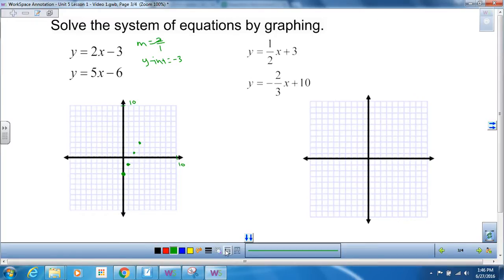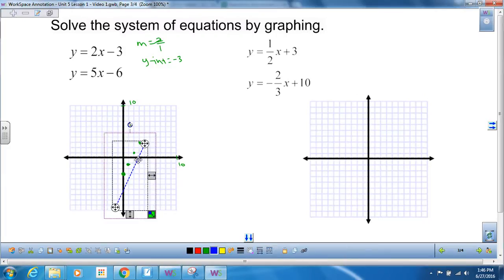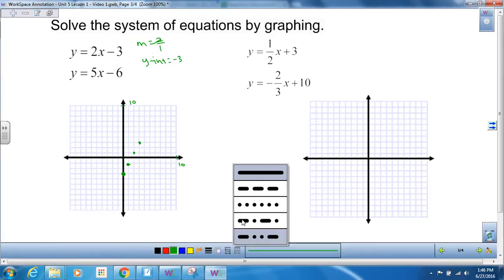Make sure to draw these lines all the way through the graph. And these aren't inequalities, so you're not worrying about solid or dashed. Change that so I get a solid line.